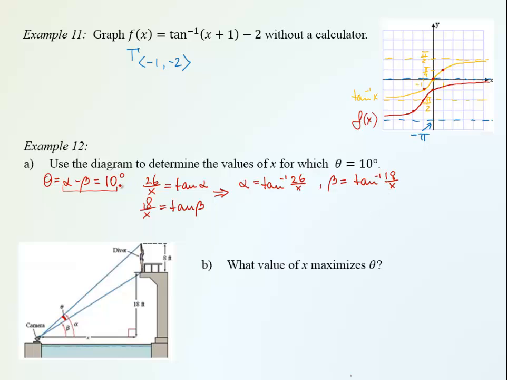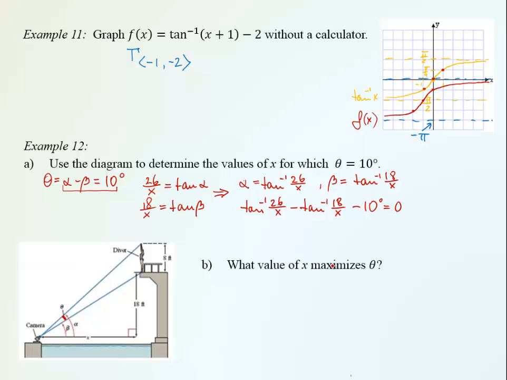Since alpha minus beta is 10, we can make the equation tan^-1(26/x) minus tan^-1(18/x). This is equal to 10, or rather we can subtract 10 and make it equal to 0.